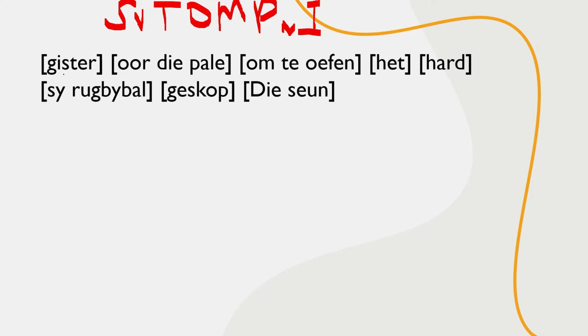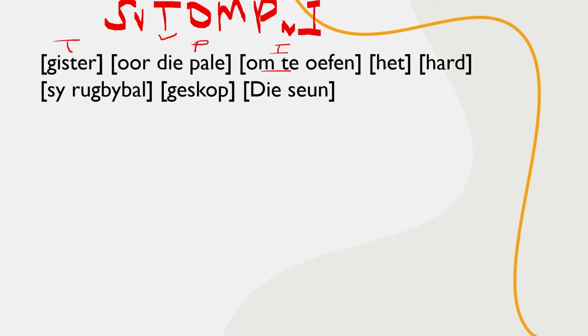Gister, that is yesterday. So yesterday refers to a time, so that has to be tyd. Oor die pale, om te oefen, het, hard, sy rugbybal geskop, die seun. Okay, so we already ticked off time. Oor die pale, so over the poles. What could that be? Over the poles is the place, guys. Om te oefen, om te, that immediately is the infinitive.